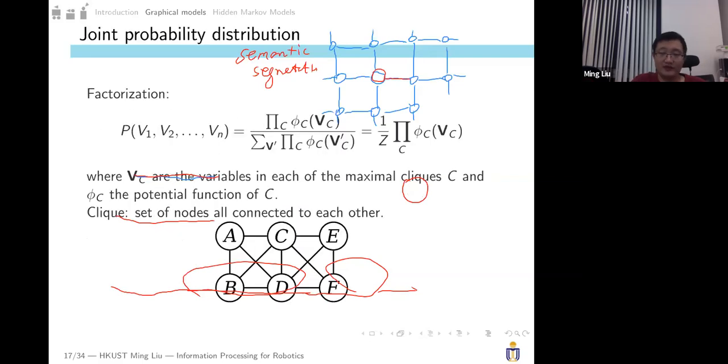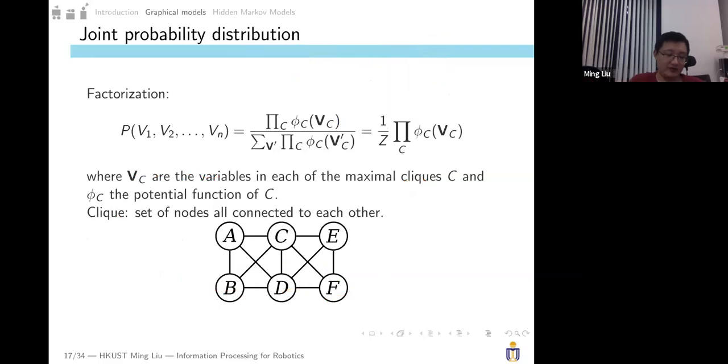Okay, firstly, we introduce several concepts. This graph is a Markov random field. This is a typical Markov random field.